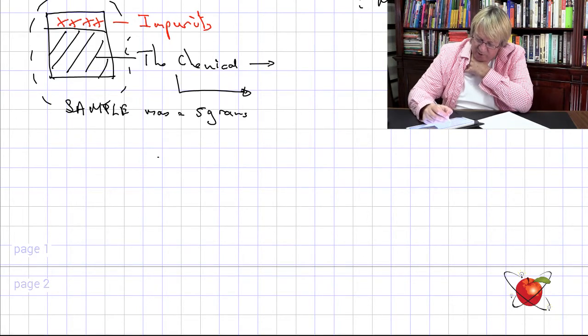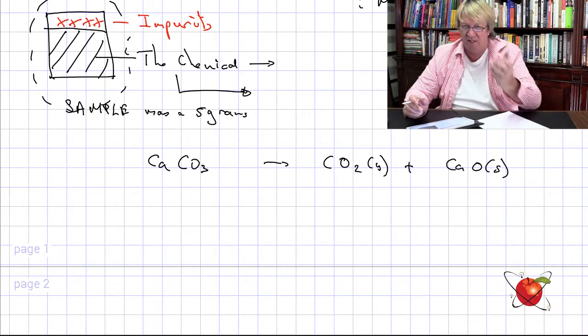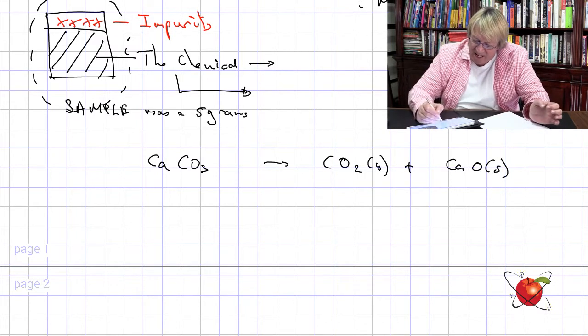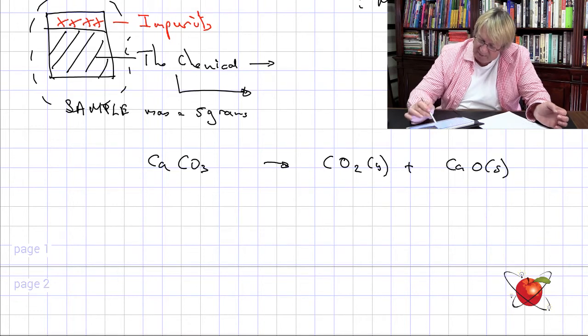CaCO3 is calcium carbonate. CaCO3 going to CO2 gas in this case, plus CaO as a solid, which is the residue left. This is the reaction when we apply the heat to it. And let me put my recipe down, lest we forget. 1, 1, 1. Right?